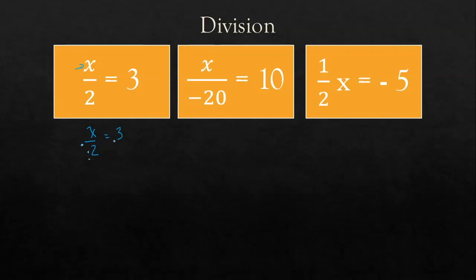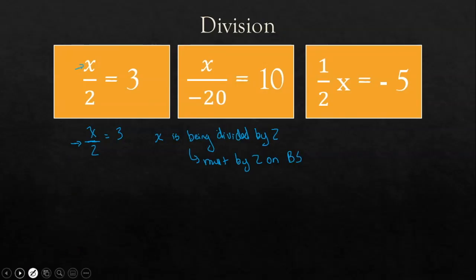Well, there's a 2 on the bottom here, and I know when I have something laid out like this, this line here indicates division. So it tells us that x is being divided by 2, and the opposite of division is multiplication. So we're going to multiply by 2 on both sides.